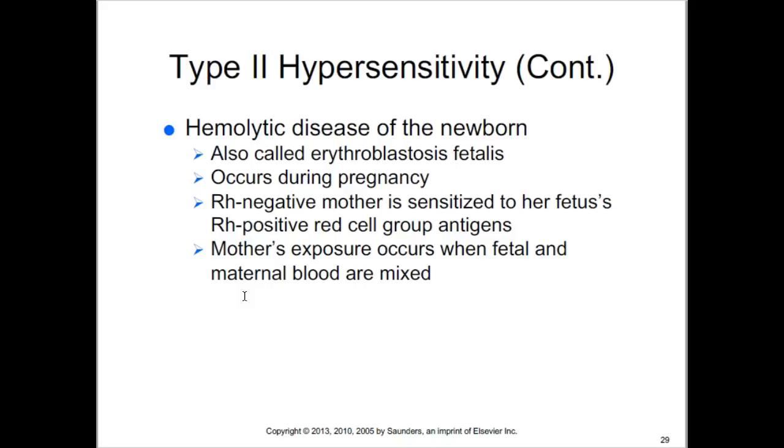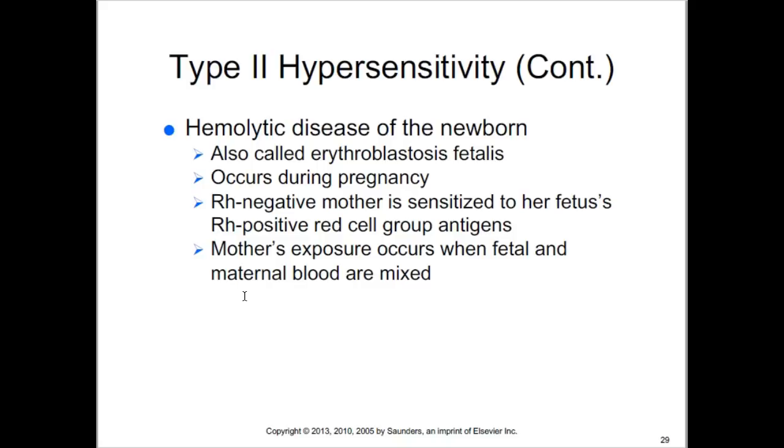I want you to understand that the mother who is negative, whether she is A negative, B negative, AB negative, or O negative, right? An RH negative mother of any letter, so it doesn't matter which letter, but if she is RH negative, which means carries that negative sign, that means that she does not have the RH antigen on the red blood cell. So since she does not have the RH antigen, she is of a minor number of people in this country that do not have that.